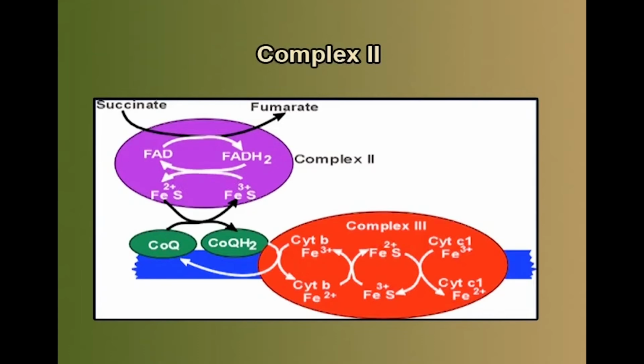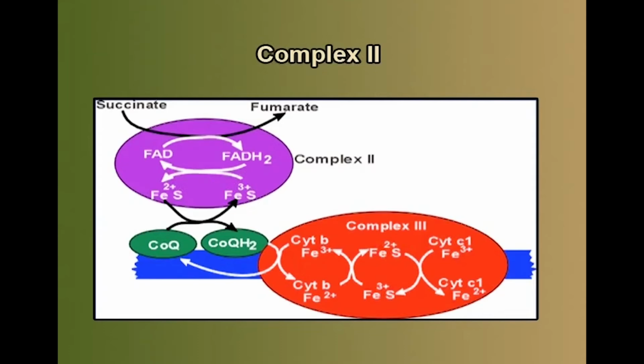So, FAD oxidizes succinate to fumarate, FAD becoming reduced to FADH2 as it picks up 2 electrons and 2 protons. This FADH2 enters the complex 2. Succinate dehydrogenase is actually associated with complex 2 directly, and FADH2 is oxidized back to FAD by passing the electrons on to the iron sulfur proteins in complex 2.